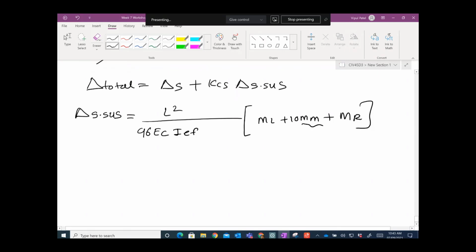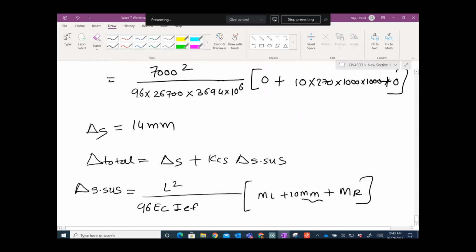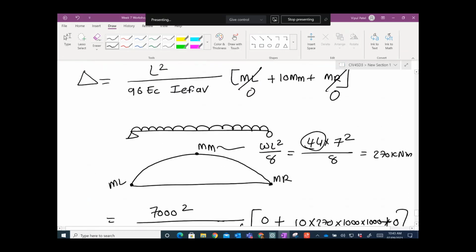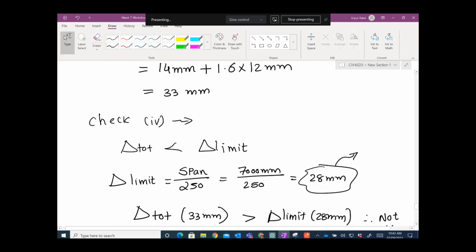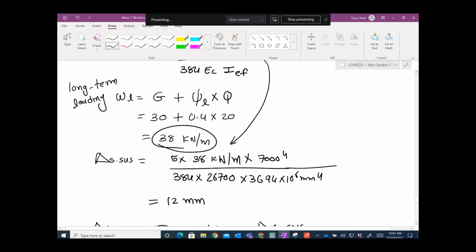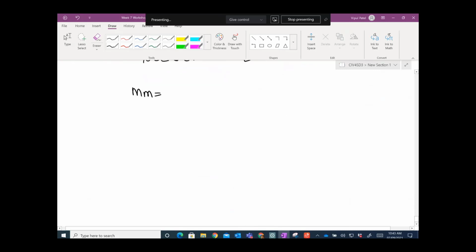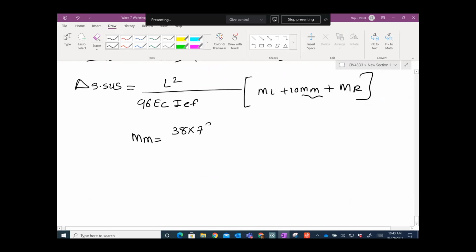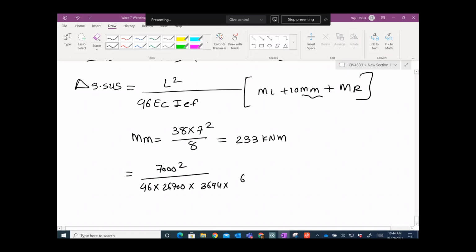Now again you have this MM, which is your long-term load now. Do you remember we calculated the long-term loading? Long-term loading we calculated here 38 kilonewton meters. So if you calculate 38 times 7 square over 8, you get this middle one, 233 kilonewton meters. So length 7 square over 96 times 26,700, I effective 3694 times 10 raised to 6.